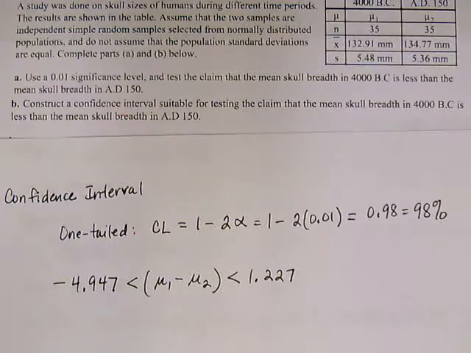So we can say that we are 98% confident that the difference in the mean skull breadth in 4000 BC and AD 150 is between negative 4.947 and 1.227.